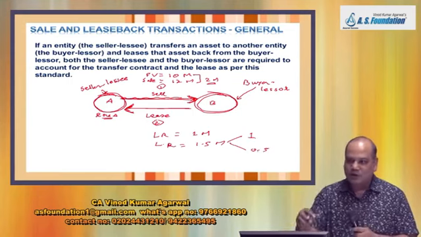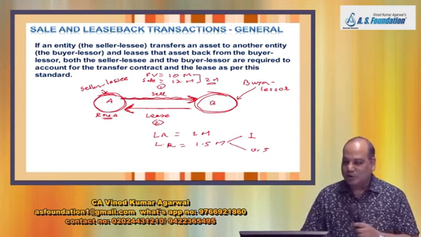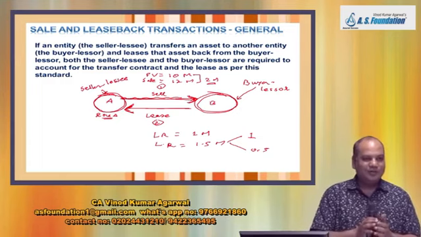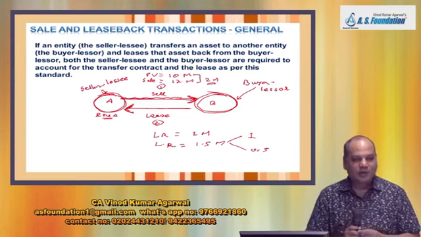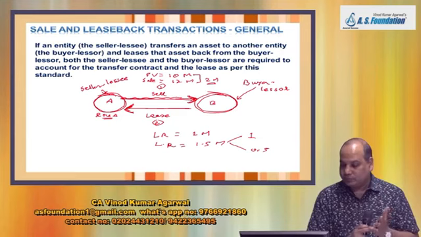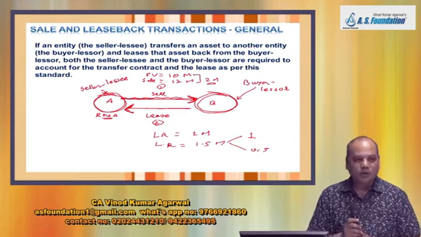You are paying for the lease, and one you are just simply repaying the 2 million extra that you had borrowed. Is it right? That is what you will learn in the next paragraph, but I am giving you a hint. So now you have to see whether the transaction is at fair value, below fair value, above fair value.